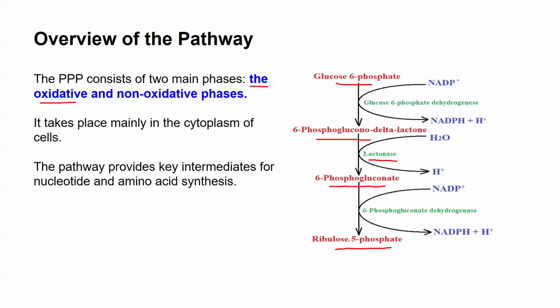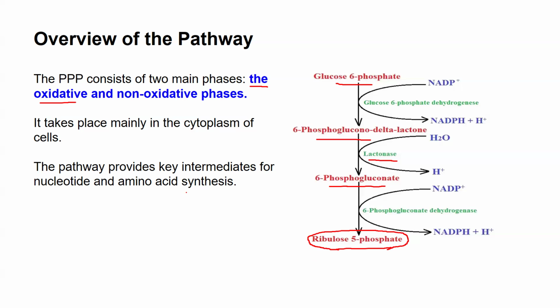And of course, ladies and gentlemen, this ribulose 5-phosphate will be converted into ribose sugar. And if you remember, ribose sugar is one of the major components of a nucleotide. Remember, nucleotides are formed from the combination of a phosphate group, the ribose sugar, and the nitrogenous bases.